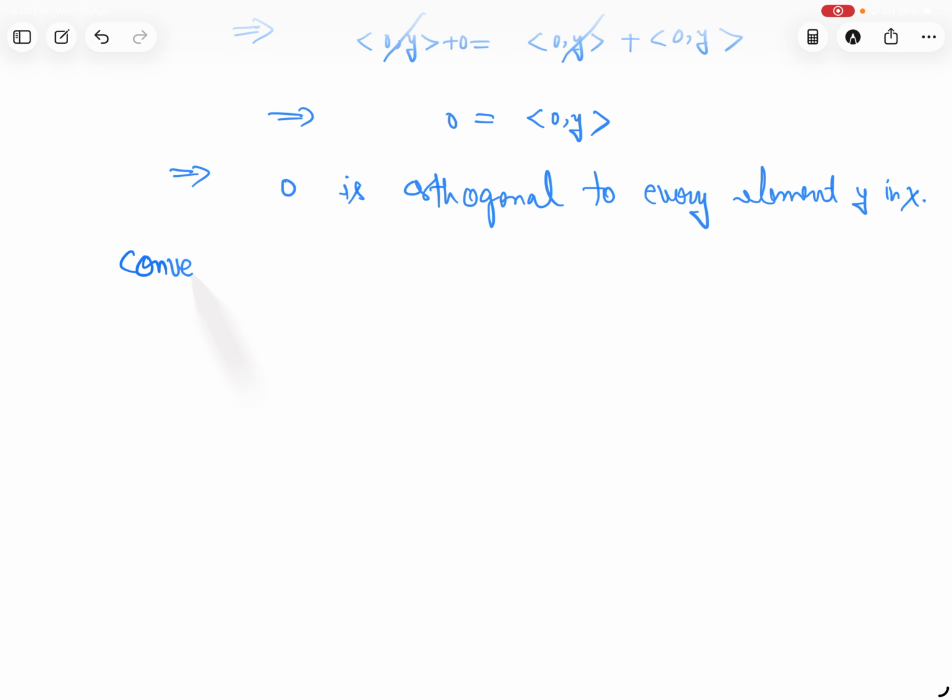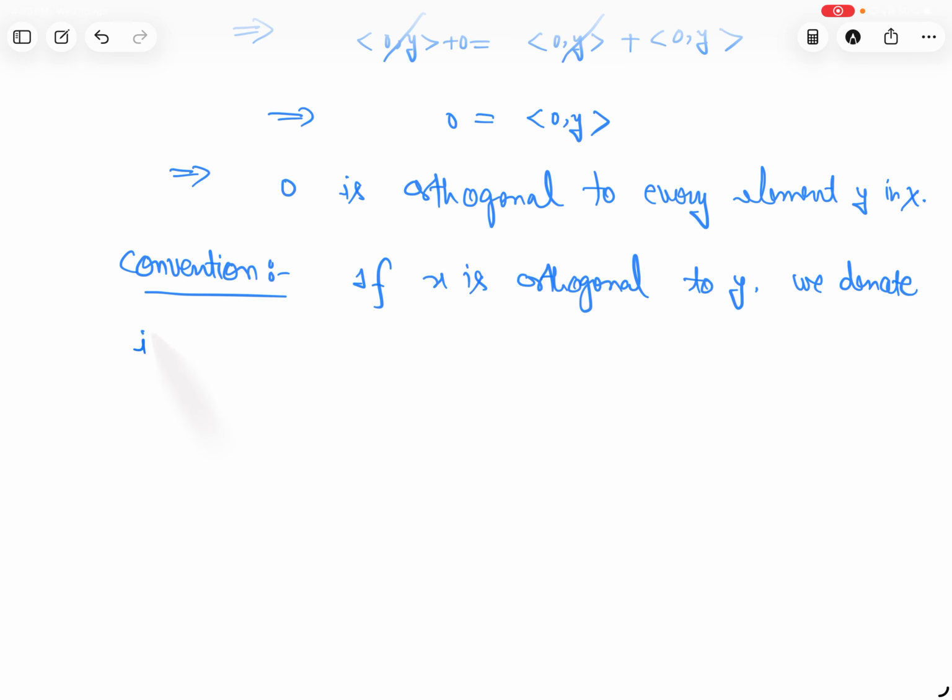Convention: if x is orthogonal to y, we denote it by x ⊥ y, this symbol.